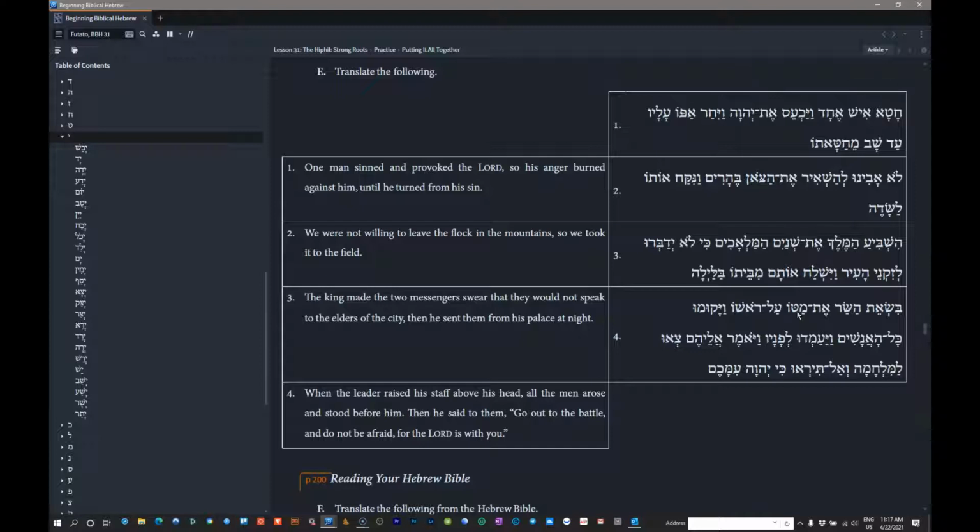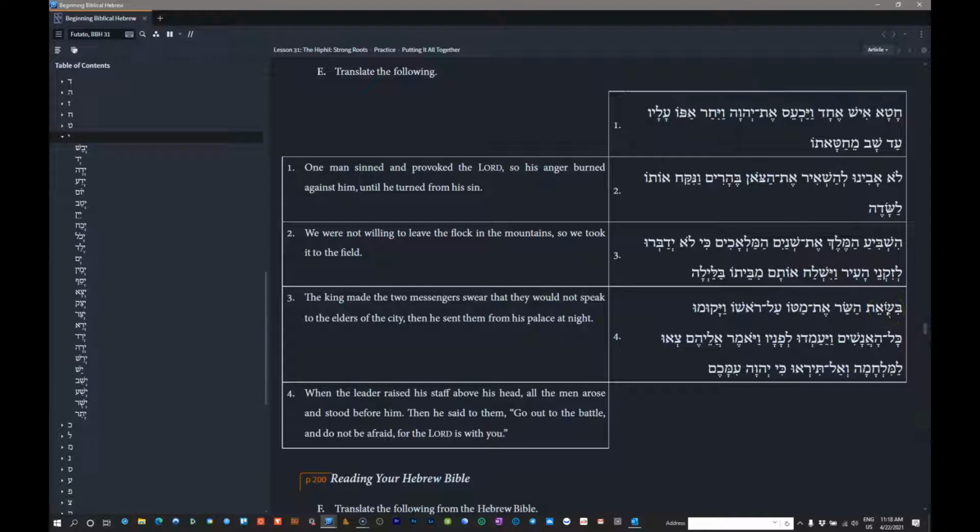We've lost an aleph here. When we add the holem vav suffix for his, that possessive suffix, we lose the aleph. Mateh is going to be the word for staff, so this is his staff. So to take up or to lift up his staff, hasar is probably the subject then of this infinitive. So the prince to take up his staff.